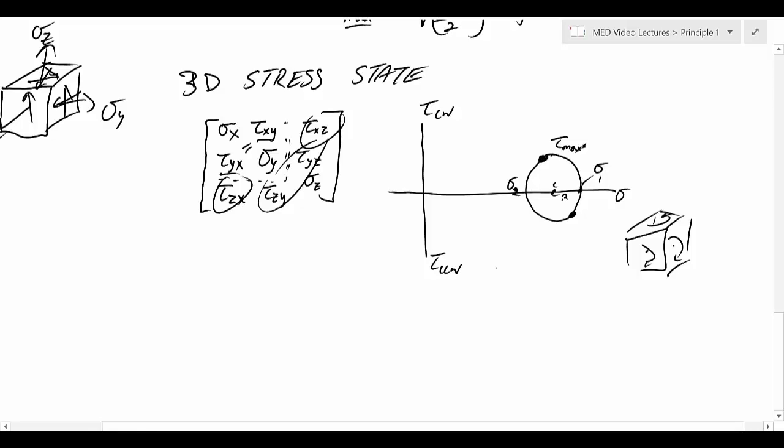So it's possible that we have a sigma x, sigma z location, which might be down here and up here. Let me draw another perfect circle. And now we have a third principal stress.